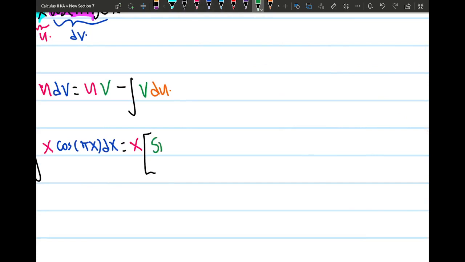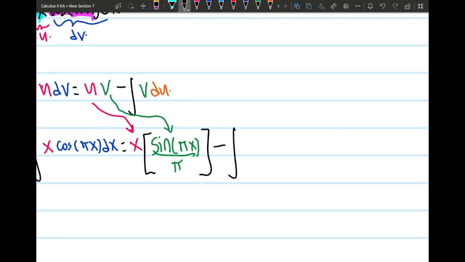So you have to really pay attention to how I'm aligning it here. It's because this is very important. This is u, and then this part was v. Okay, and now we're going to do minus the integral of v, so v again was sine of pi x over pi, so it's going to be integral of sine of pi x over pi, and then du.